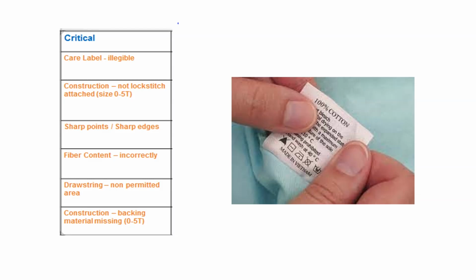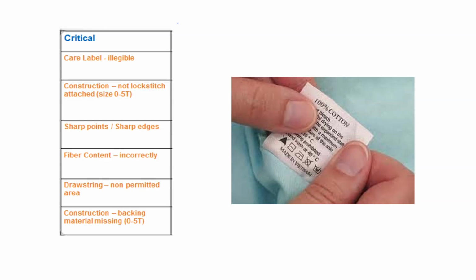Backing cloth is sometimes used on different kinds of embroidery material, so backing material used in 0 to 5 toddler garments is also a construction problem and becomes a critical defect. If these kinds of defects are there in a particular consignment, the consignment will be stopped immediately until and unless they are rectified or replaced with a new one.